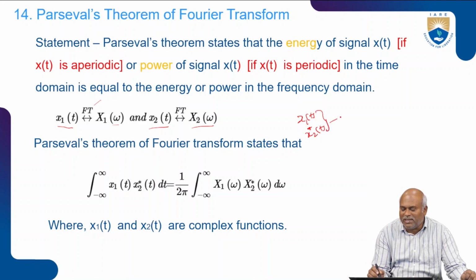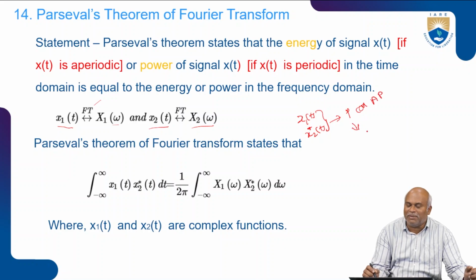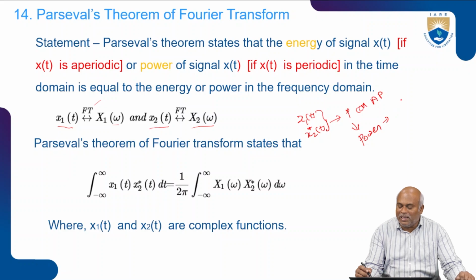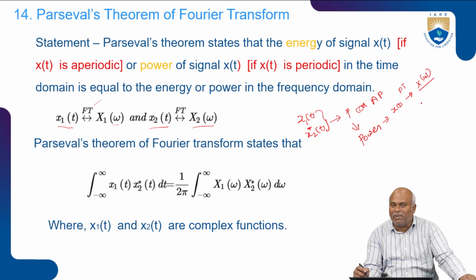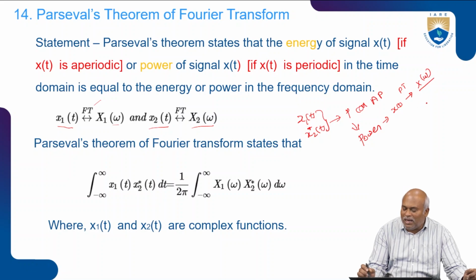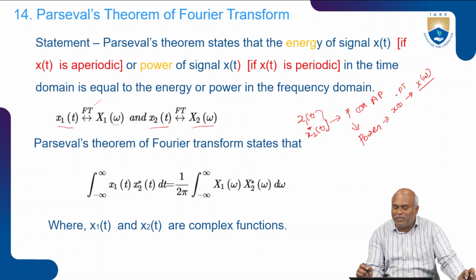Both signals can be periodic or aperiodic. If we take a periodic signal, it is represented as a power signal, and giving it as input to the Fourier transform produces power in the frequency domain, for both x1 of t and x2 of t.